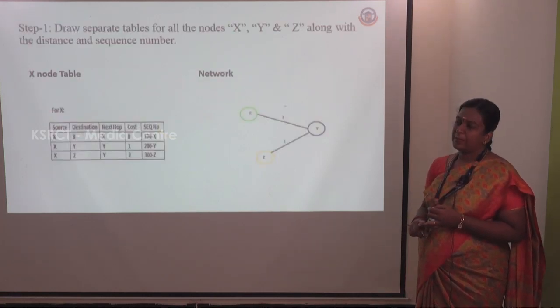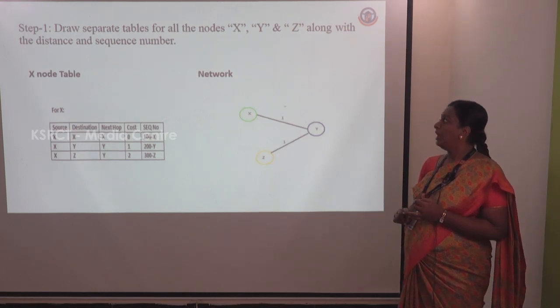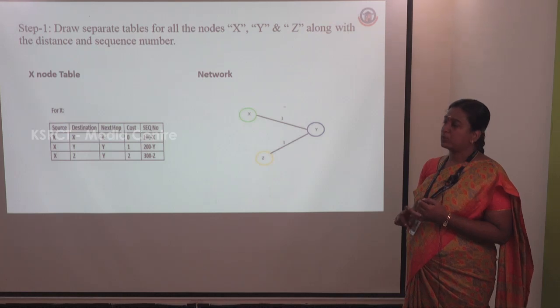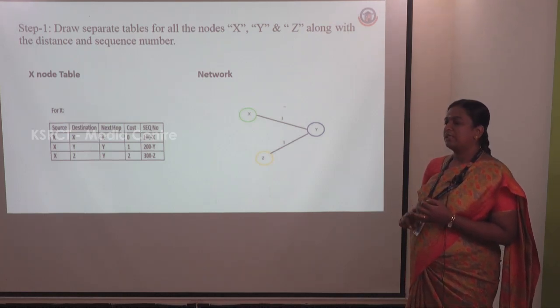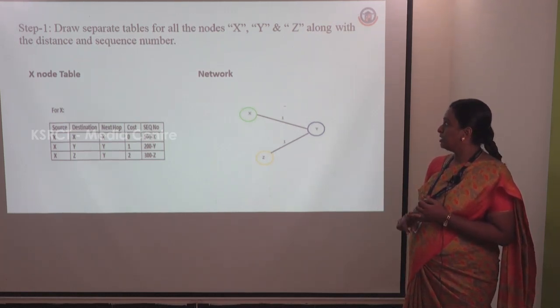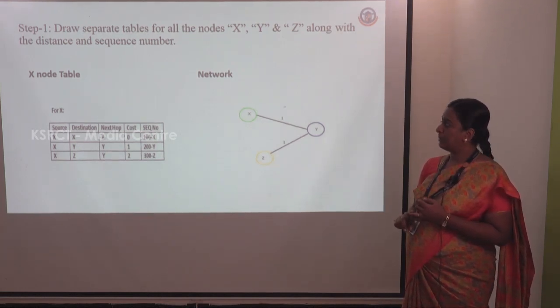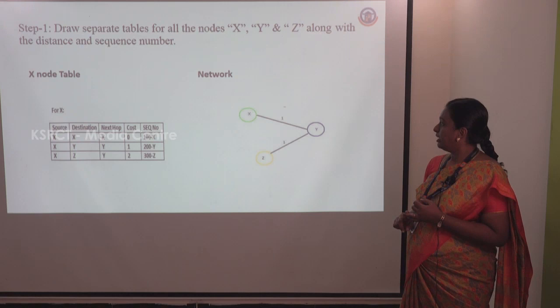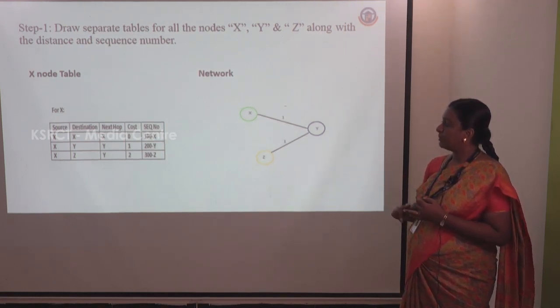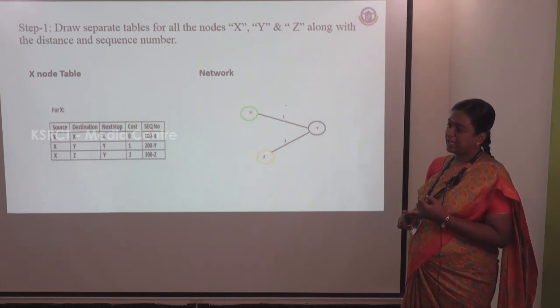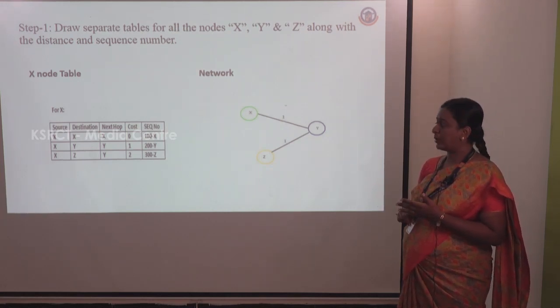The first step in DSDV is to draw a separate route table for all the nodes X, Y and Z, along with the distance and the sequence number. Here I am going to draft the X table. This is the routing table, with the parameters source ID, destination ID, next hop, cost and sequence number.